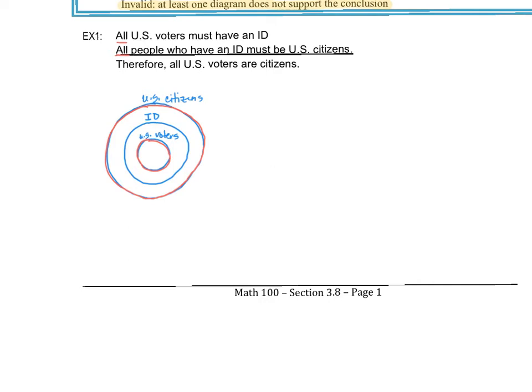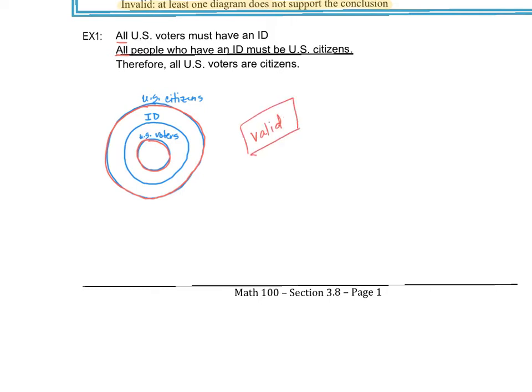So does this mean it's a valid argument? The argument is valid if all diagrams make the conclusion true. With these particular premises, this is the only diagram that I could possibly draw. And since this diagram, the only diagram that I could possibly draw, makes my conclusion true, my argument is valid.